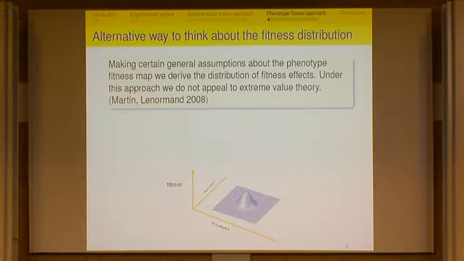And it turns out we can, just based on that framework, rederive the probability distribution of the fitness effects of adaptive mutants, just on that basis alone. And the only other thing I'm going to assume is that I'm near the peak, and the peak is quadratic. And that's it.